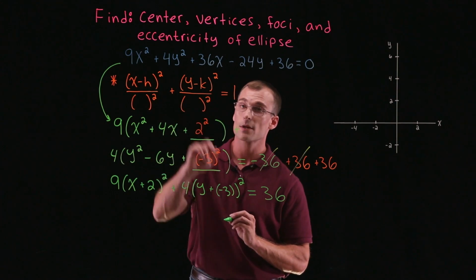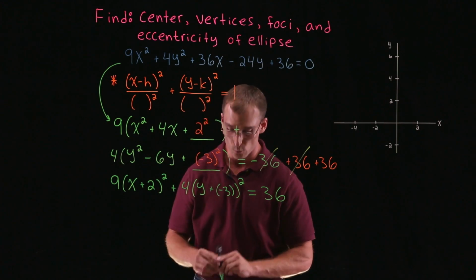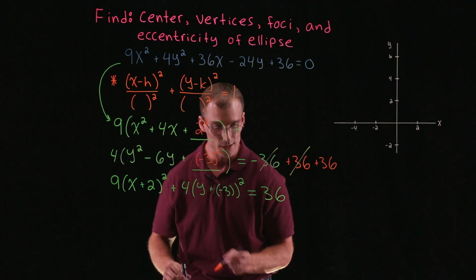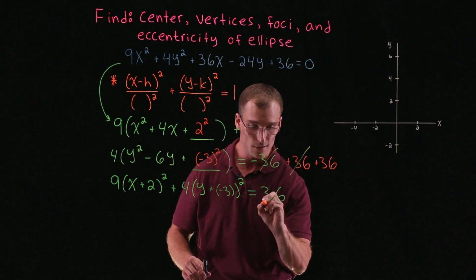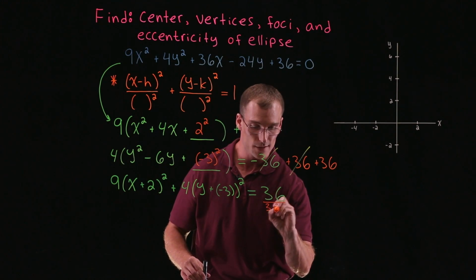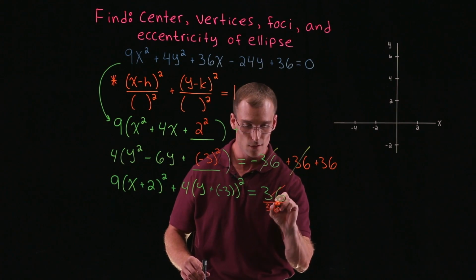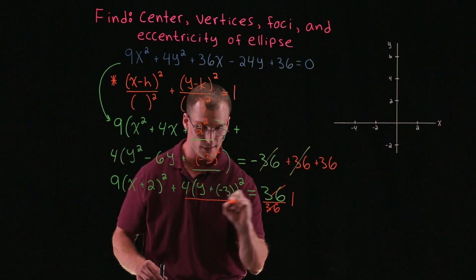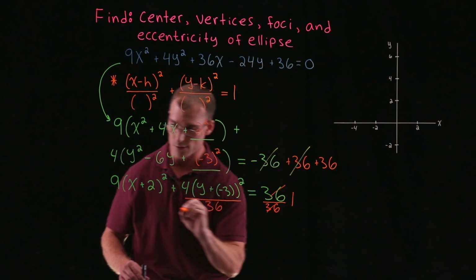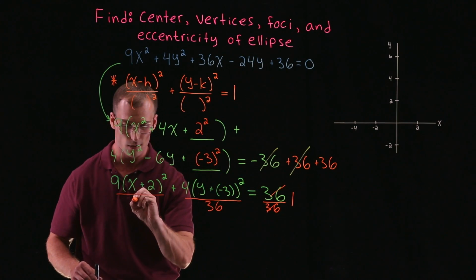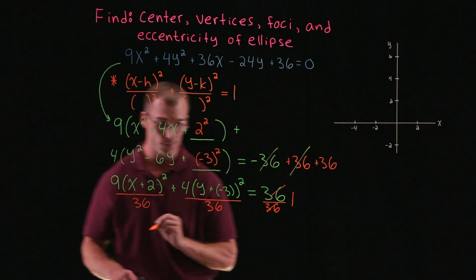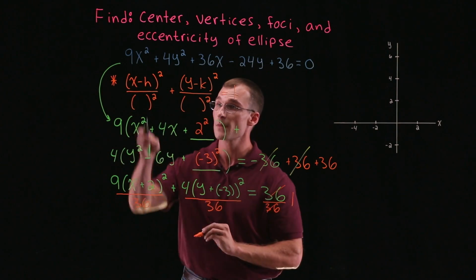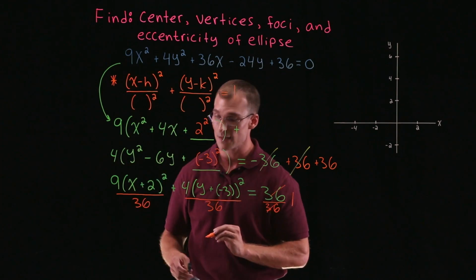Looking at the standard form, we know that we want the right-hand side to be equal to 1. So working our way towards that, if we divide both sides by 36, that'll give us 1 on this side. But dividing all the way through on the left side, dividing by 36, and dividing by 36. And looking at our standard form, we have the square term by itself.